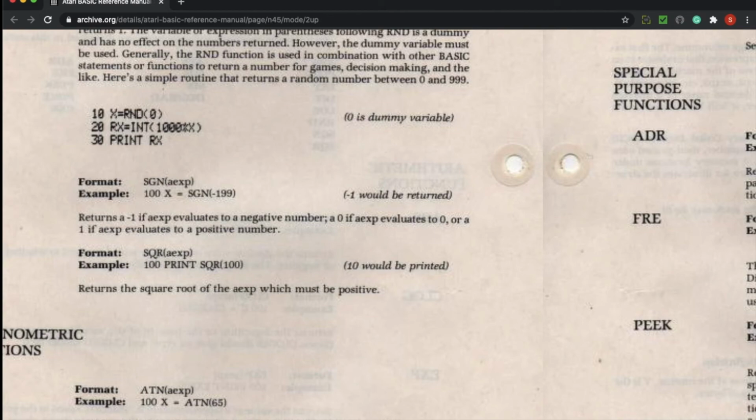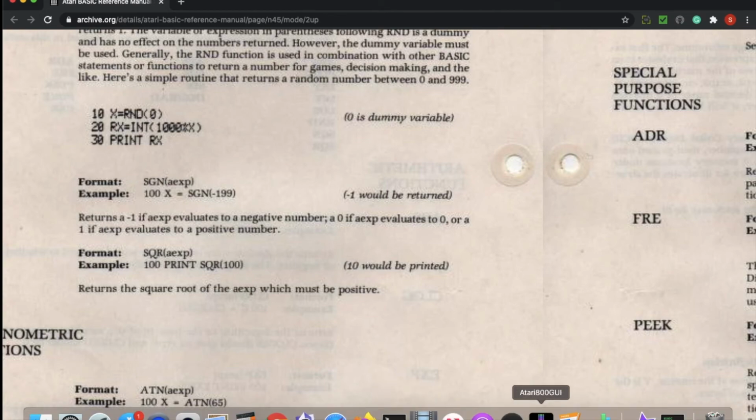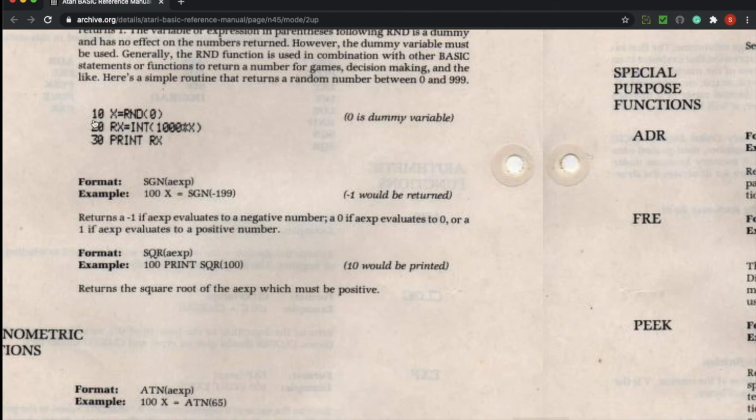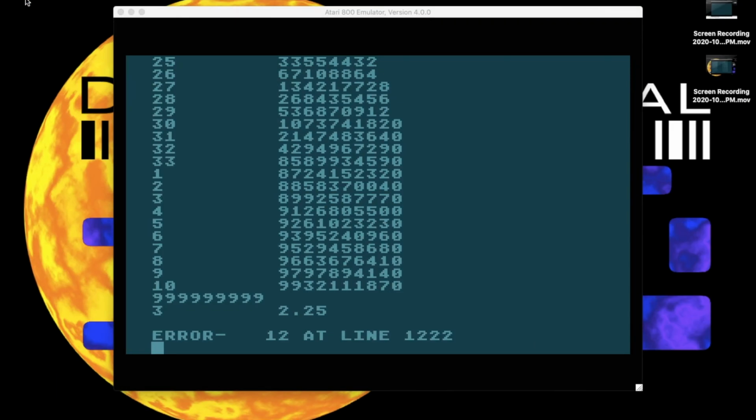So I moved that, and now it doesn't know where one of my go-tos are. Is that what we had? Let's reduce this. Yep, error code 12. Line not found. Let's see where it went.